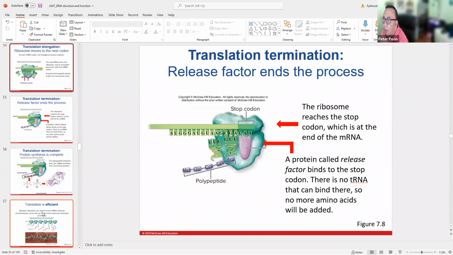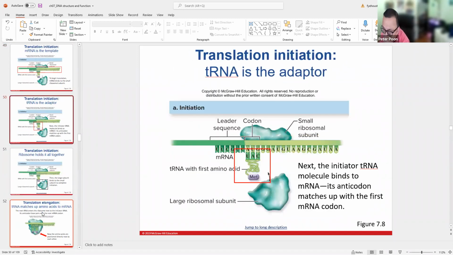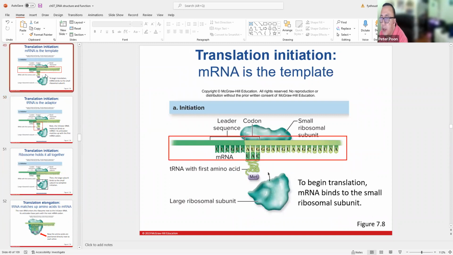What actually happens first is initiation. It takes the mRNA sequence and looks for the very first AUG.